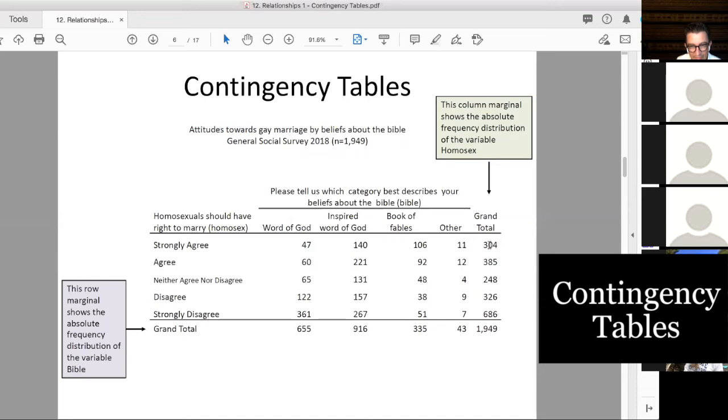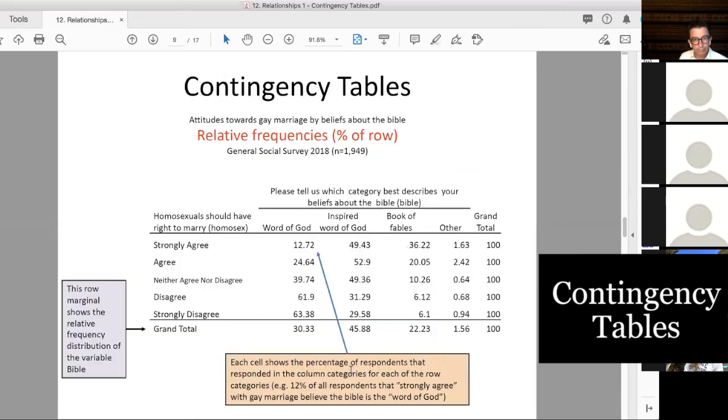That would be the percentage of all those that strongly agree with gay marriage. What percent believe that the Bible is the actual word of God? Or we could express it as a percent of the total in the column. In that case, we would get, out of those who believe the Bible is the actual word of God, what percent strongly agreed?